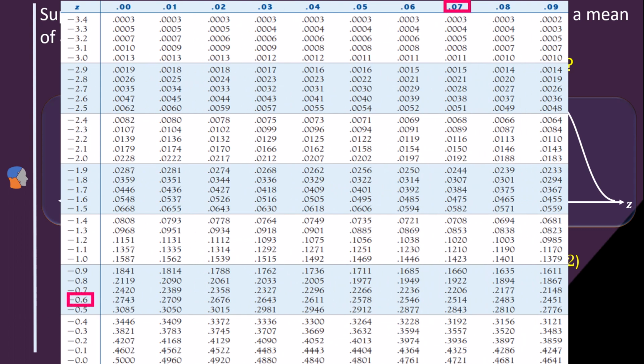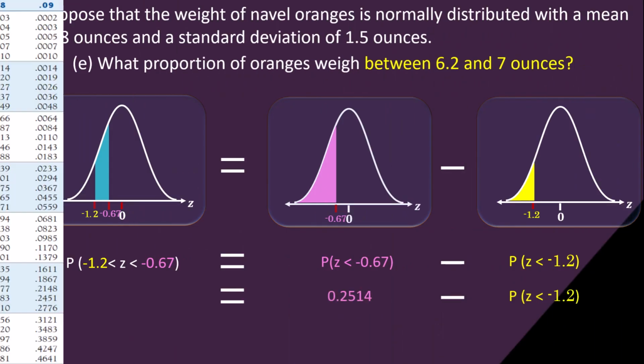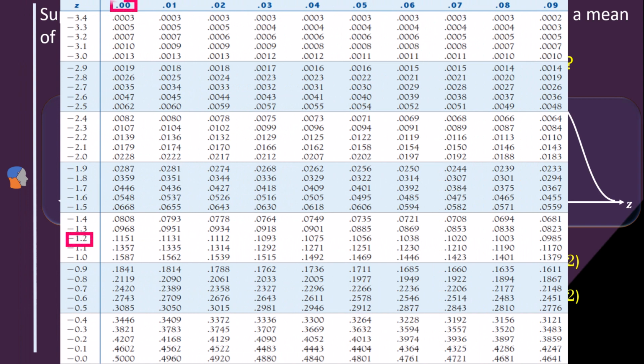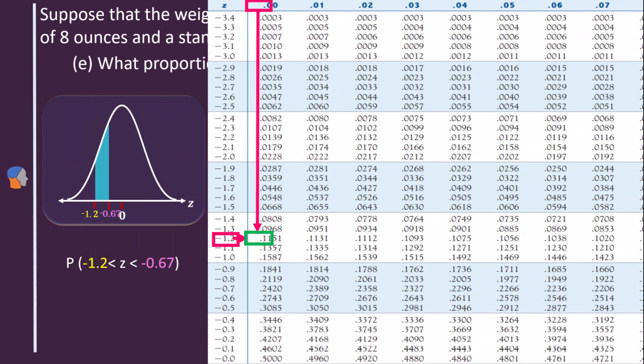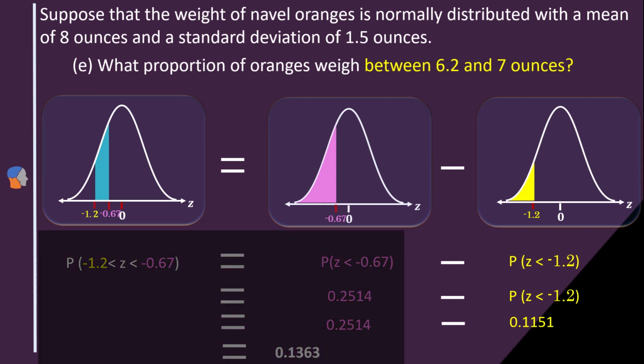First, the probability of z less than negative 0.67 is 0.2514. Now, the probability of z less than negative 1.2 is 0.1151. Now subtract, so the answer is 0.1363.